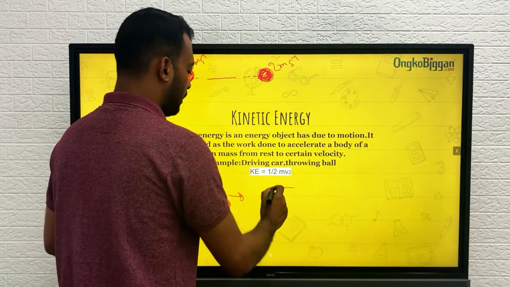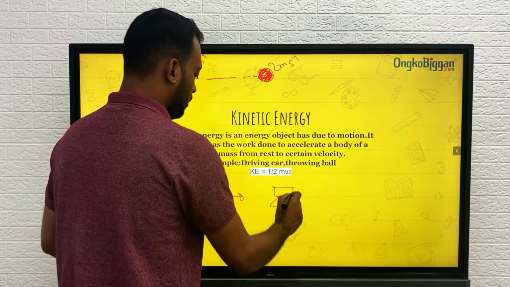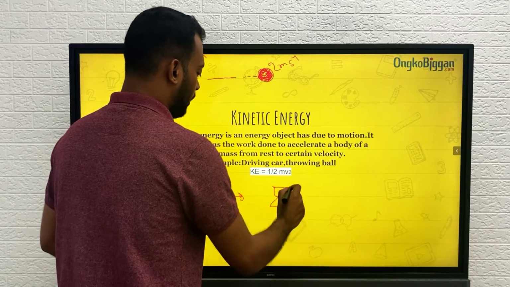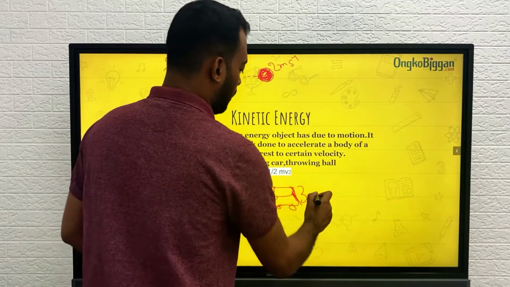After applying a certain velocity, now the car is in motion. Suppose 3 meters per second.